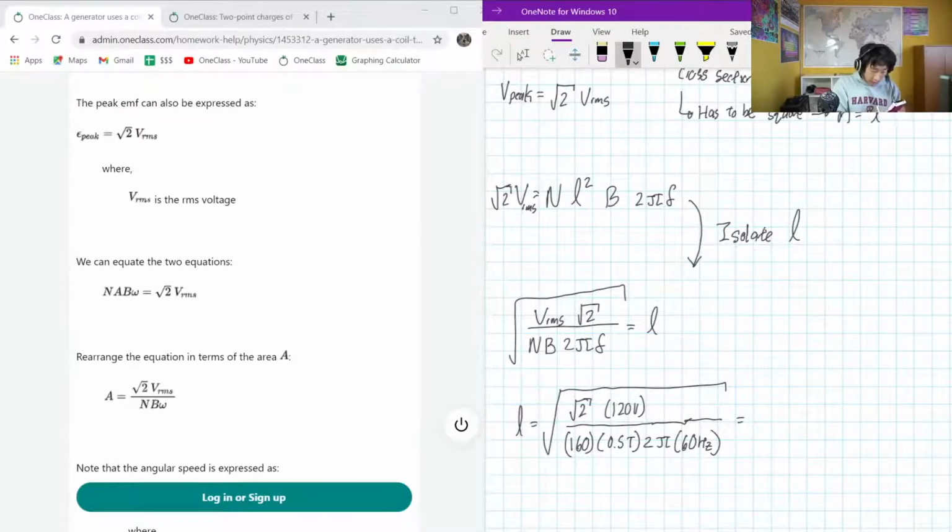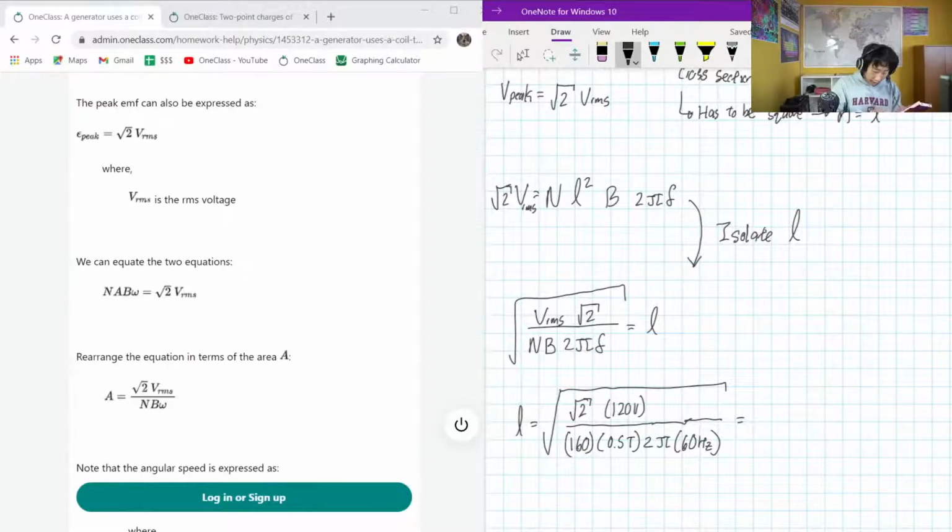So square root of 2 times 120 divided by 160 times 0.5 times 2 times pi times 60, close the bracket, and then put that whole thing to the square root.